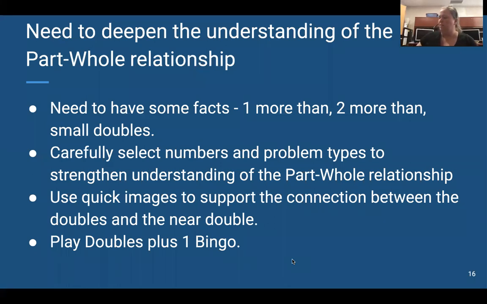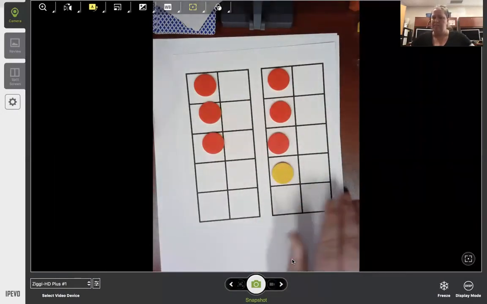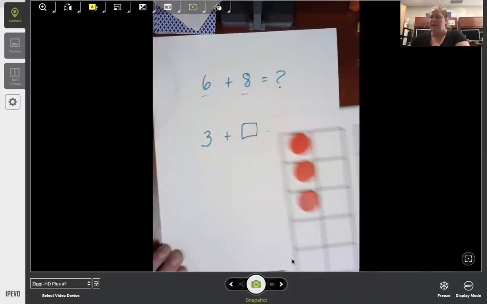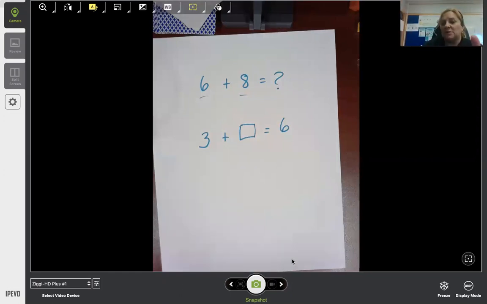So I'm just going to carry this over. There. So I might just do a quick image where I show that quickly and then say, what did you see? How did you see it? And hopefully they'll talk about the fact that they saw that 3 plus 3, that's the double, and then the 1 more, so 7.